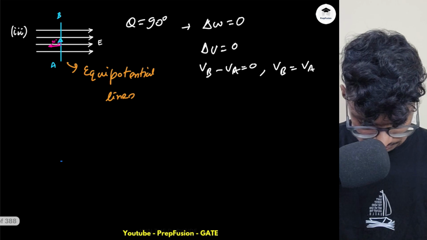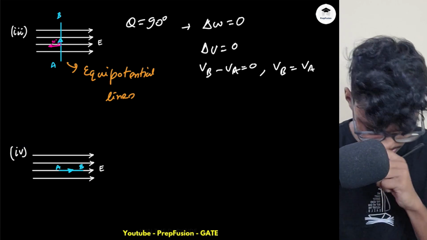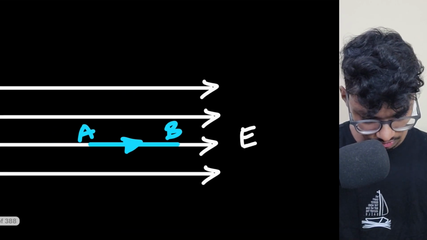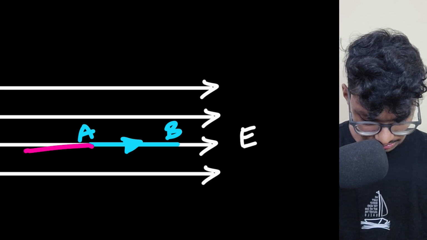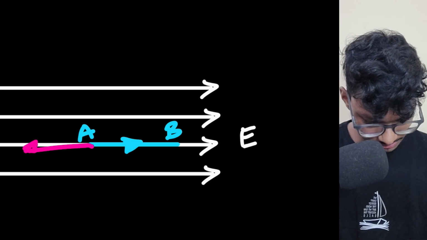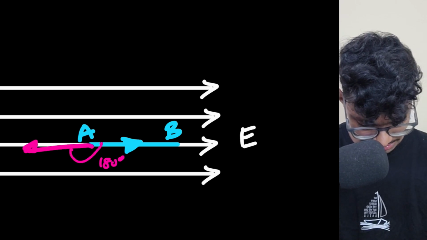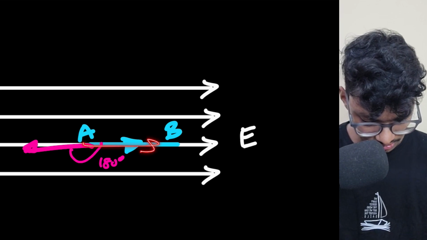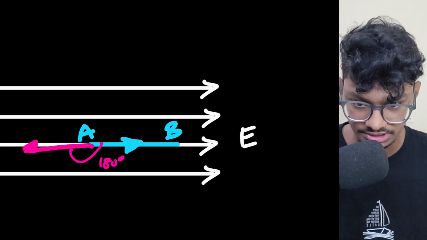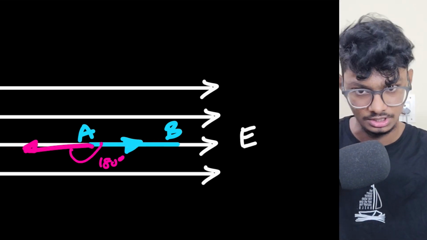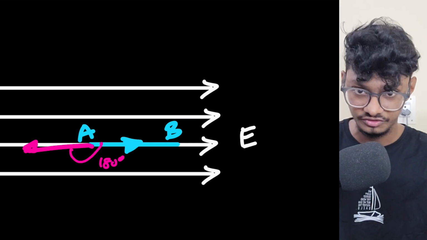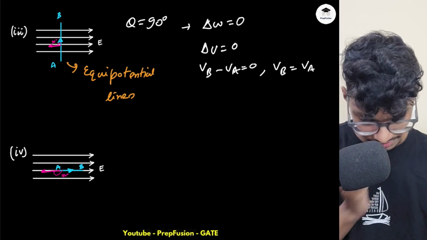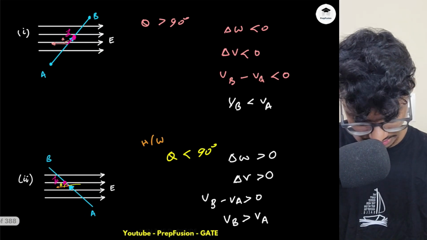If I copy and paste, here again this will be always negative. Here I can observe that the angle is exactly 180 degrees, because my dl is in this direction and my force will be in the direction opposite to the electric field. So again, same case as this.